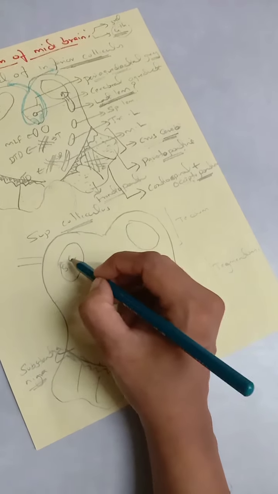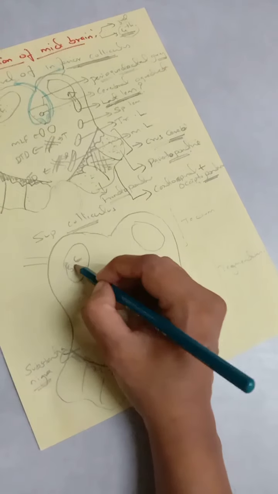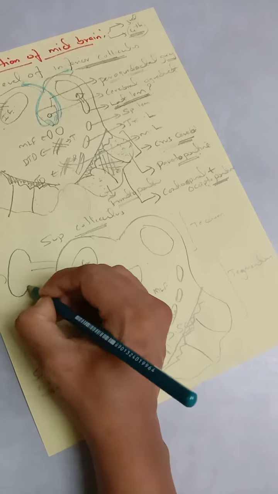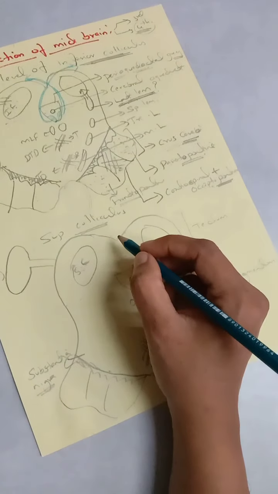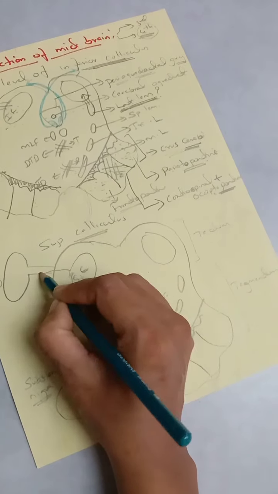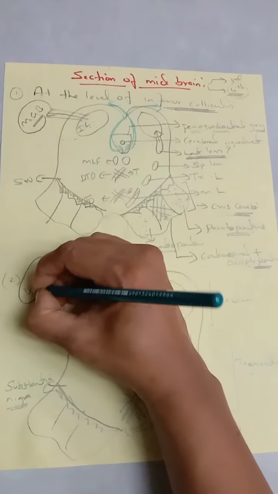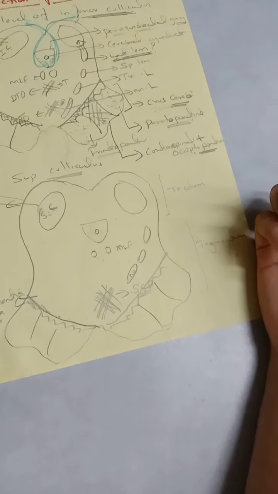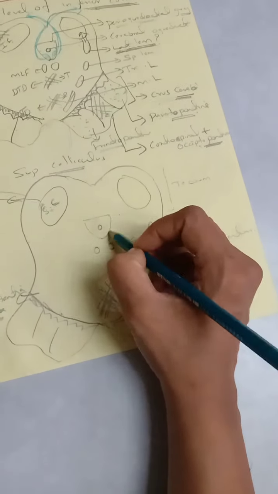The visual pathway is what is being carried through the superior colliculus. It will relay these visual fibers, that is optic nerve, optic tract, you remember all that. From the superior colliculus it will be going to which geniculate body? Lateral geniculate body.